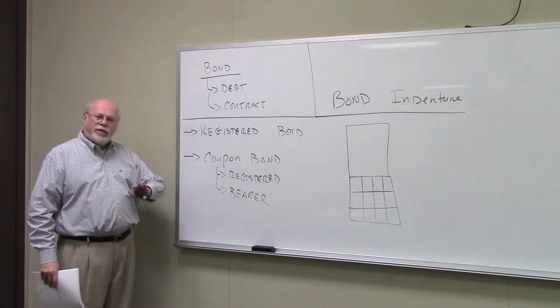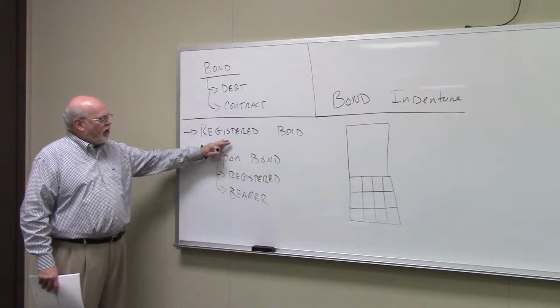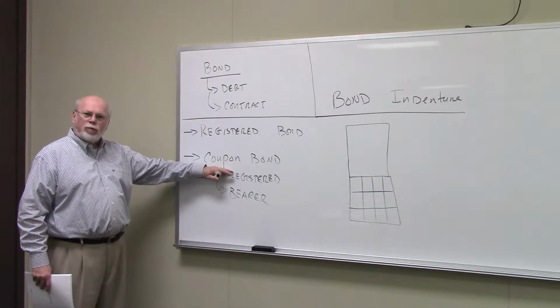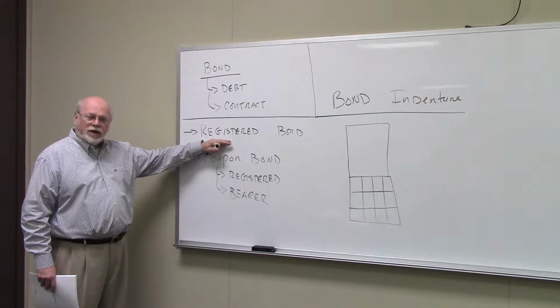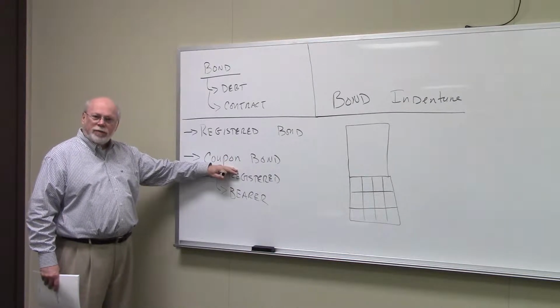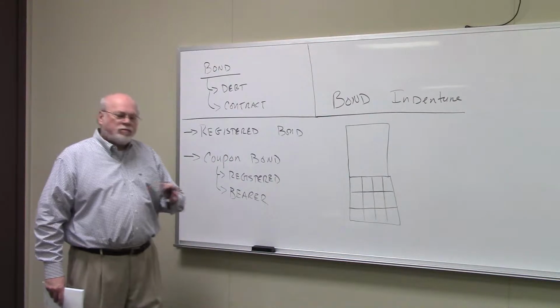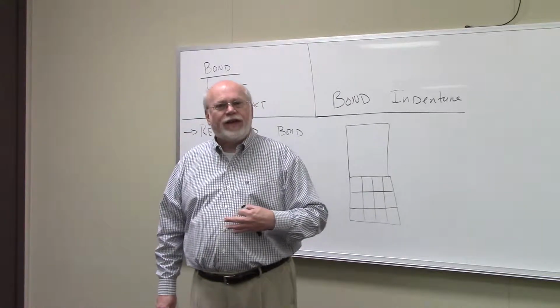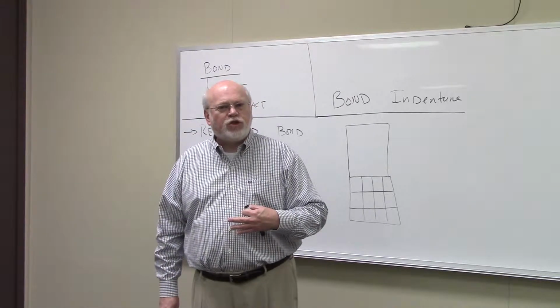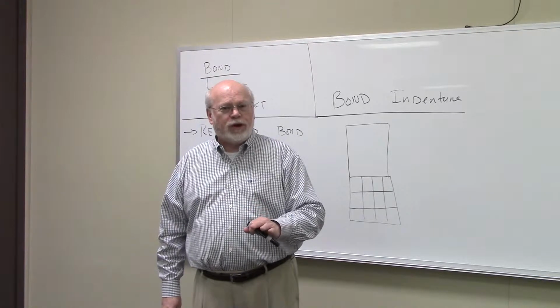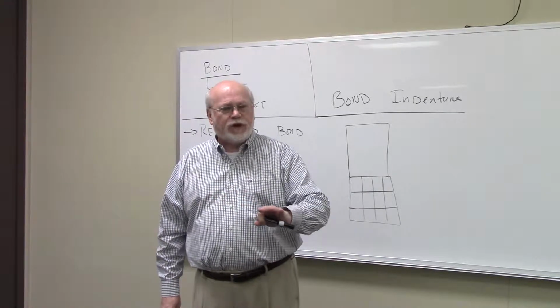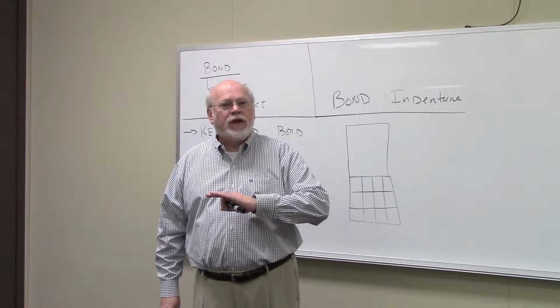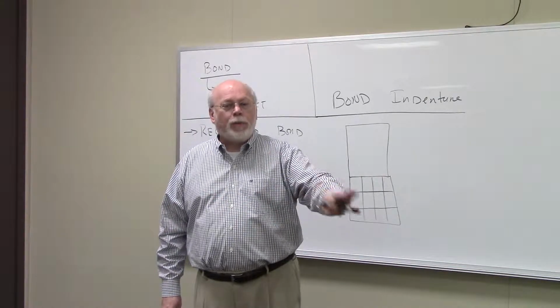Now, just in the big scheme of things here, there are two kinds of corporate bonds. There are what are called registered bonds and what are known as coupon bonds. Long ago when I first started taking investments classes, my professor told me that a registered bond was characterized by the cash flows, that being, if the company owes you money, they're going to put it in the mail to you.